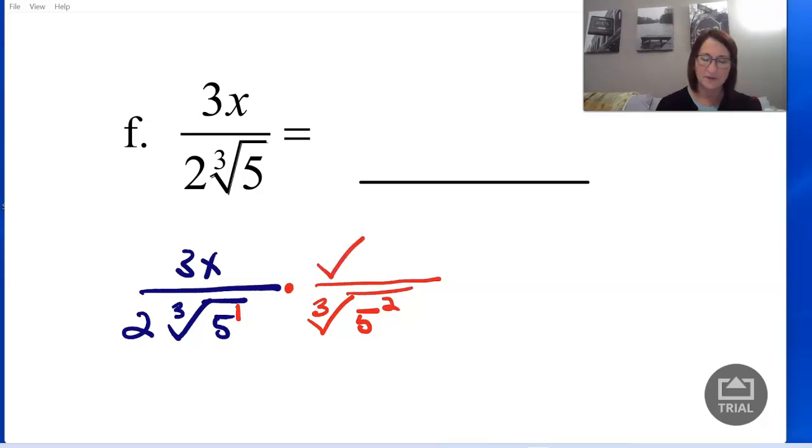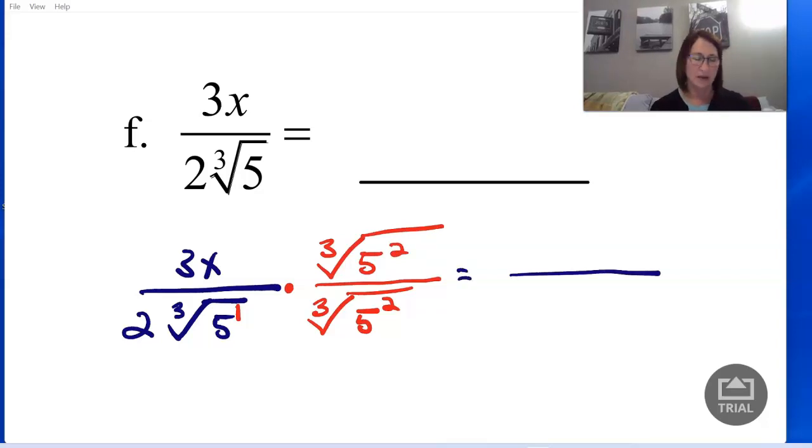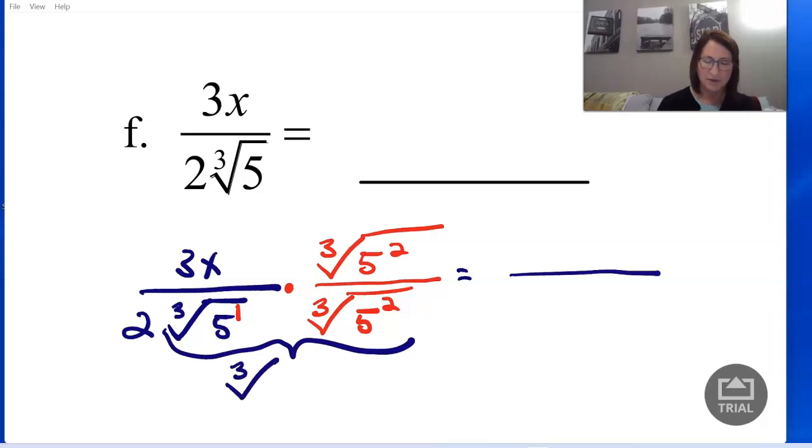Then I do the same thing with the numerator. Cube root, 5 squared. All right. So now when I go ahead and multiply across, let's do the bottom. So these 2 cube roots, that'd be the cube root of 5 cubed.